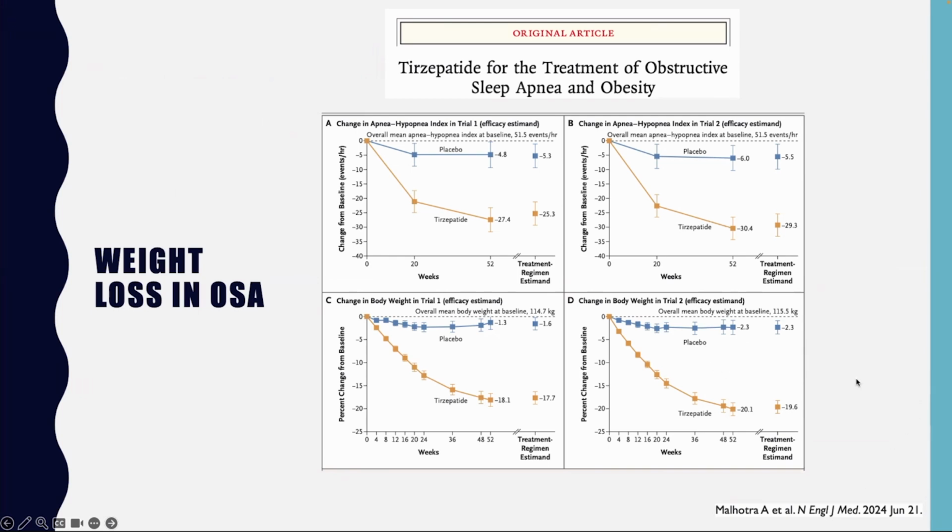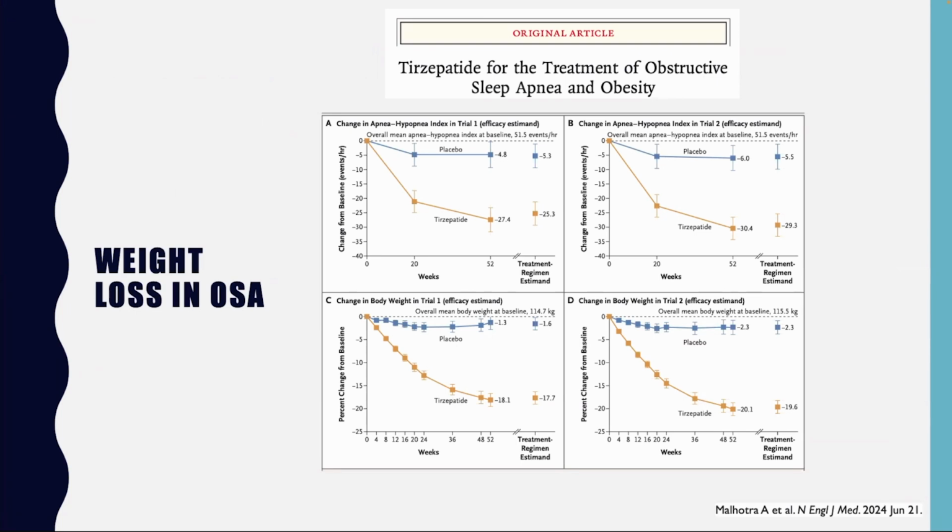And so to distill down the results of the trial, what the trial showed was that there's a 16 to 17% weight loss with tirzepatide in patients with obstructive sleep apnea at 52 weeks. And this 16 to 17% weight loss in these patients resulted in almost a 50% reduction in their sleep apnea severity compared to placebo.